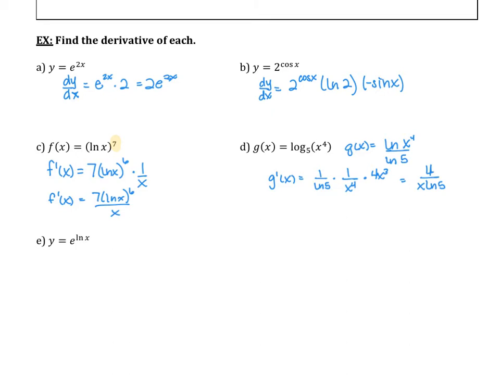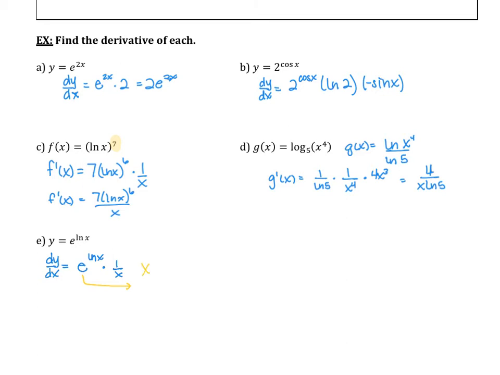So if we use the rule, we would get that the derivative of y with respect to x would be e to this function, because that's the derivative of e to the x. And then we'd need to multiply it by 1 over x. But that requires you to remember, which would also help in the initial part, that e to the natural log of x is really just x.